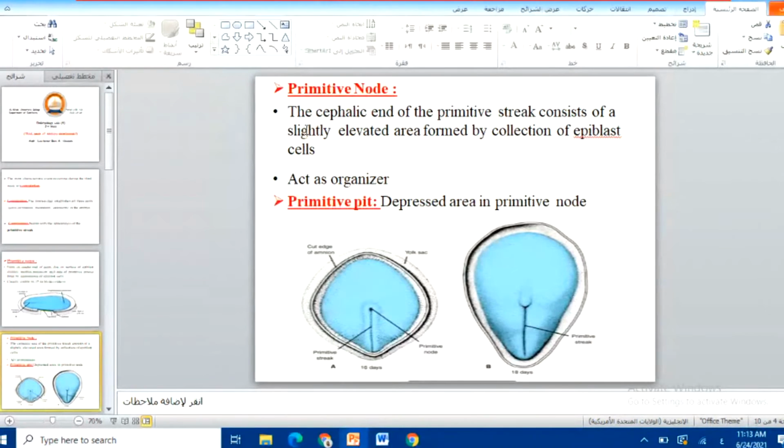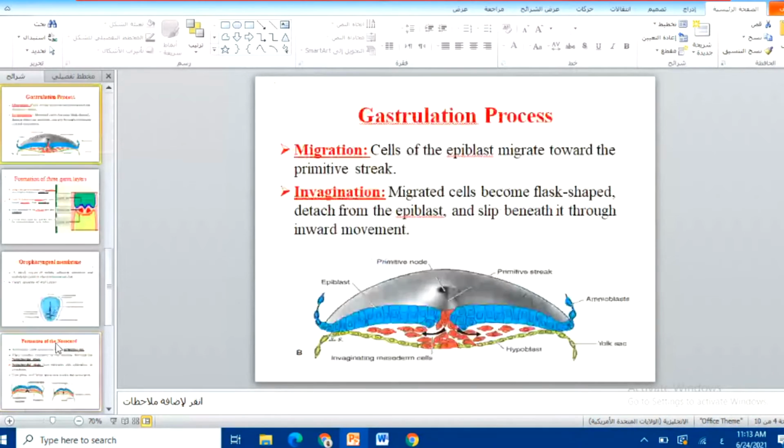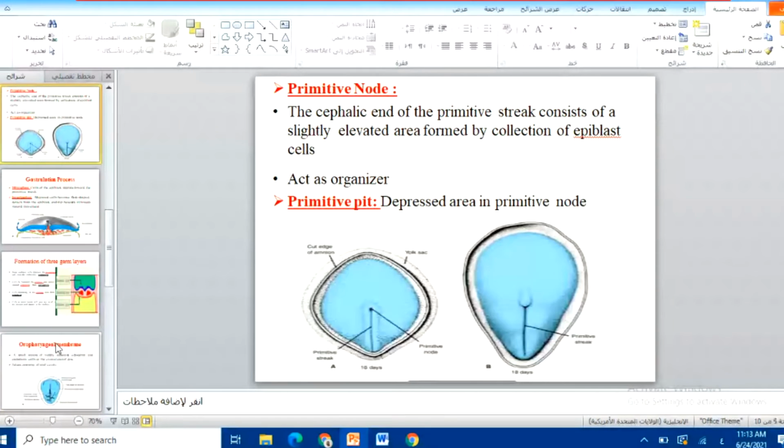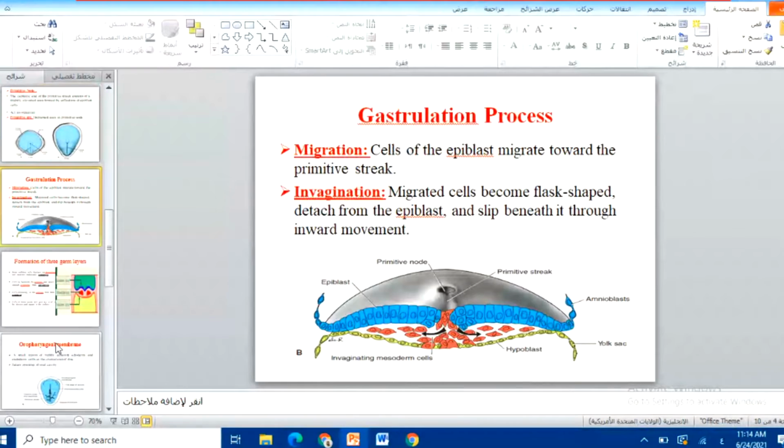The primitive node has an origin which is epiblastic cells, while the primitive pit is found in the primitive node and is a depressed area that has the function of controlling the process of formation of the three germ layers, like an organizer.